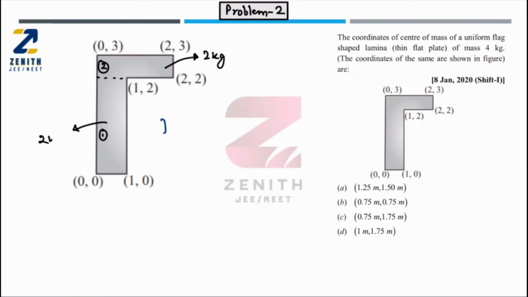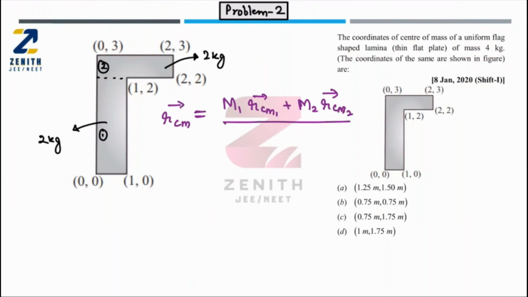Now for calculating RCM, the center of mass x and y coordinates. As I have already discussed, for a composite body the center of mass is m1 r center of mass of the first plus m2 r center of mass of the second. You can also calculate individually as xcm and ycm, and then check the answer.